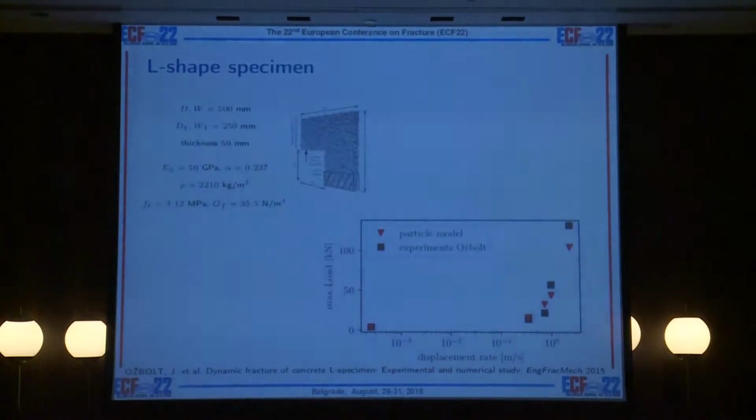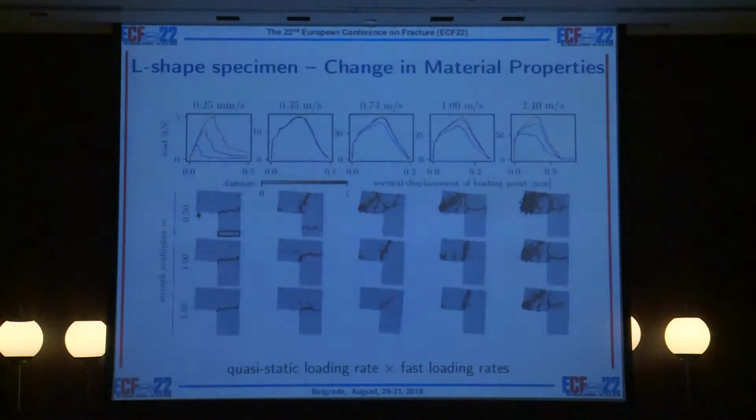Now I'll talk about something related, because it is not only the maximum load that is important, it is also the crack pattern that is important. Here, the crack pattern is displayed as the elements, or the particle contacts, of the model, and they are colored according to the value of damage that they obtain.